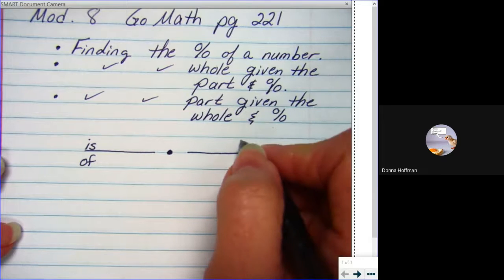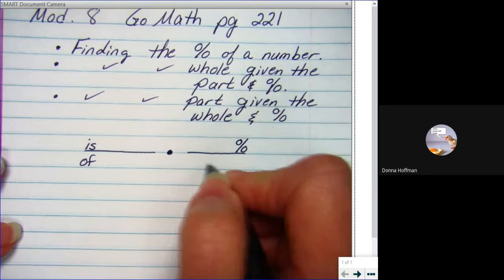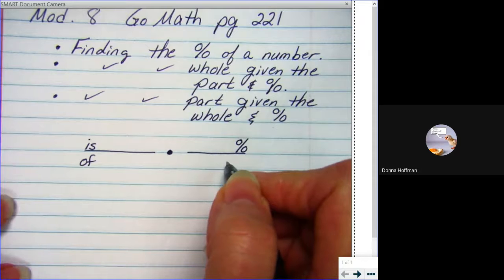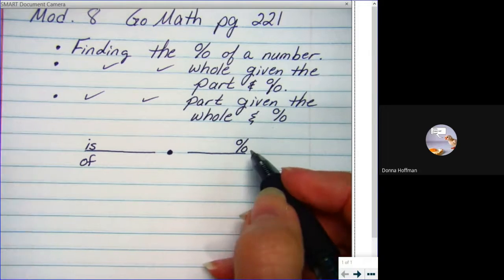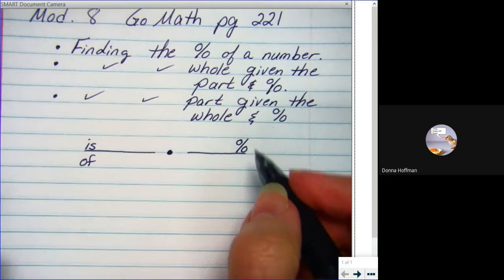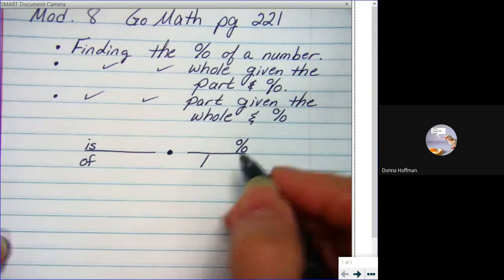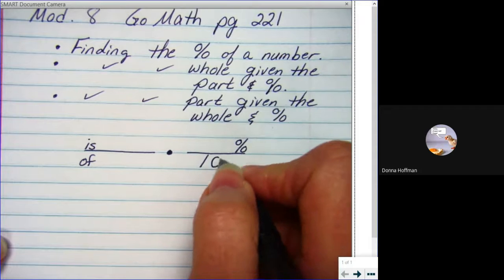The percent. And what goes at the bottom? The percent goes on top, but what always goes on the bottom? Kiss your brain. Good job.